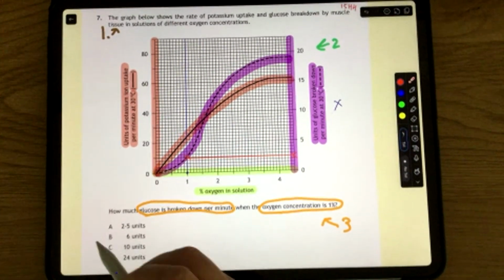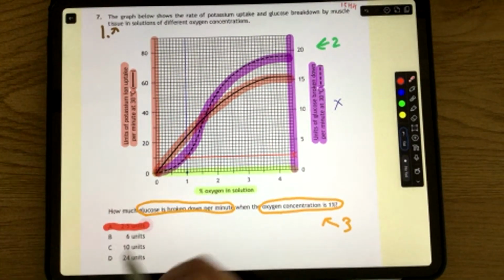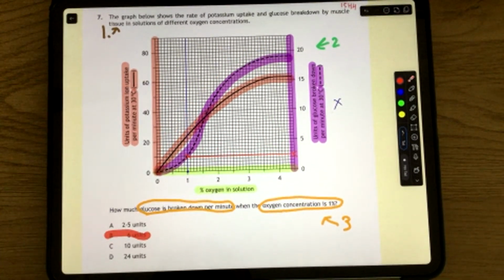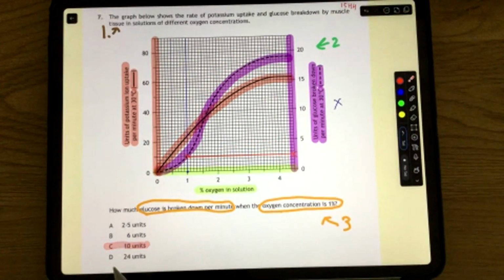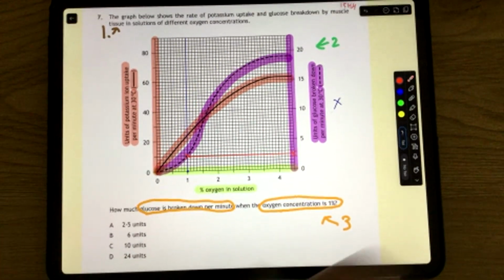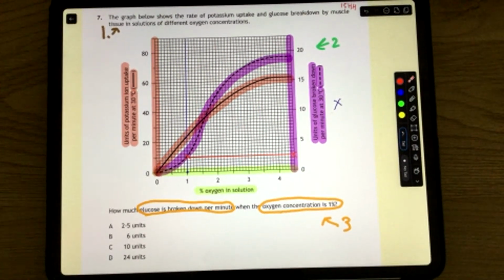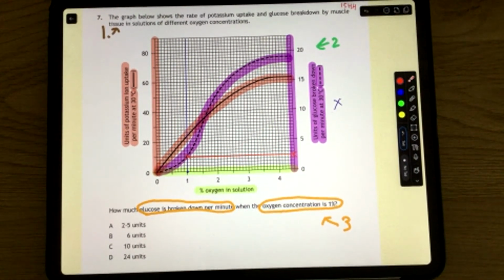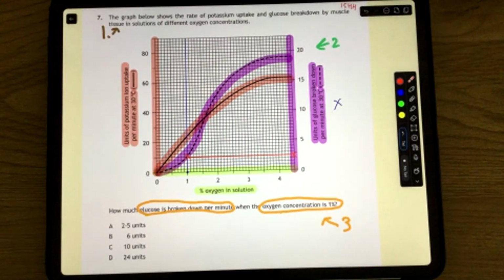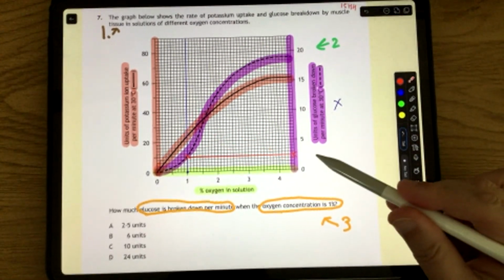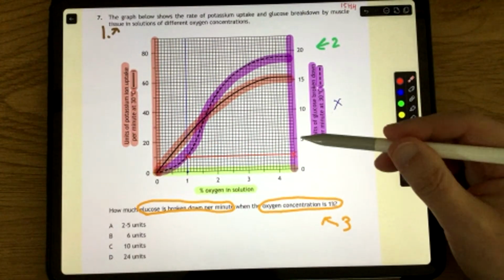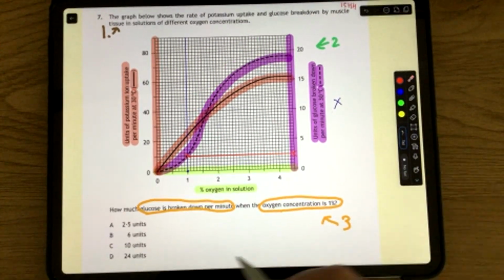Looking at the answers, the options I've got are A, 2.5, B, 6 units, C, 10 units, D, 24 units. So looking back at it, it's roughly halfway between 0 and 5. Now, on the exam, you're going to take a ruler and be very, very accurate, but I can tell simply by looking at this that the value is between 0 and 5, and it's roughly halfway.